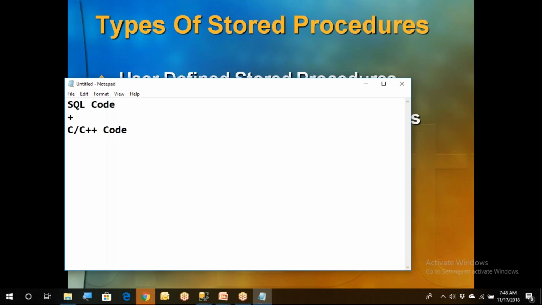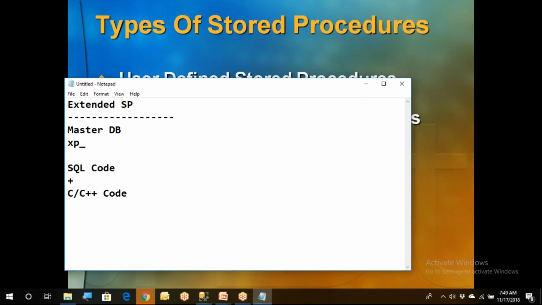That means it can go to C drive, D drive, and verify whether there is sufficient space in the C drive or not. So when any proc is having SQL code as well as the C++ code, that is what is called extended stored procedures. Okay, these procedures are also part of master database, always starts with xp_ something.